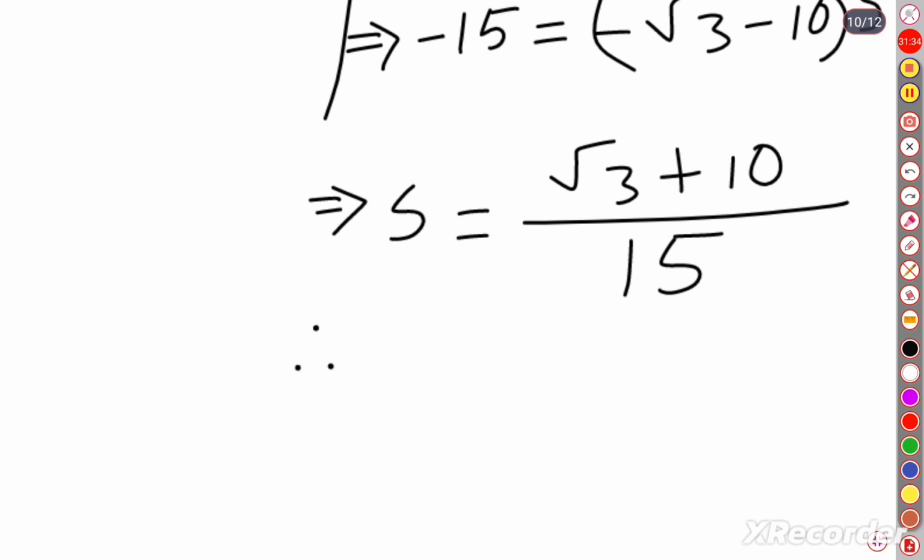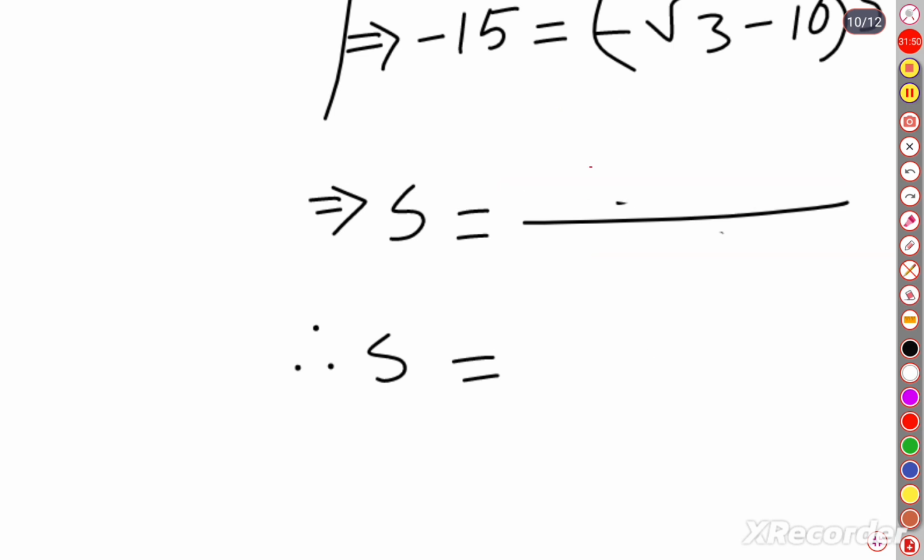Hence our s is going to be, let me calculate this using my calculator. Sorry, it's a great mistake. Actually, the numerator will be 15, so let me erase this. The numerator is going to be 15 and the denominator is root over 3 plus 10.